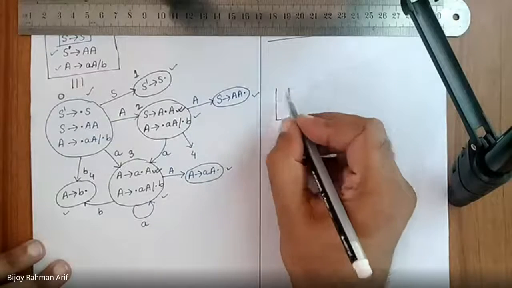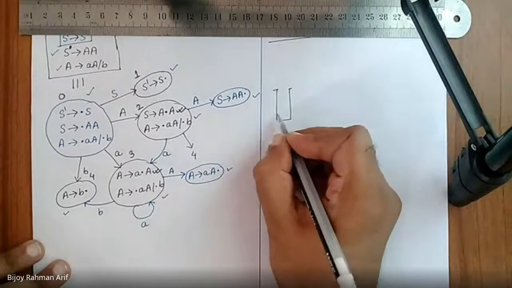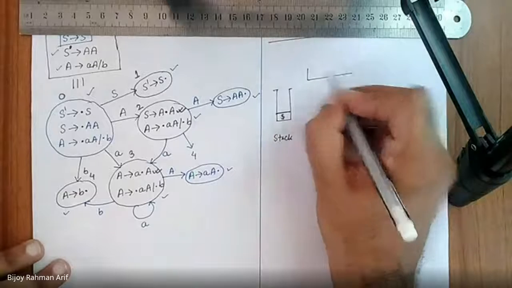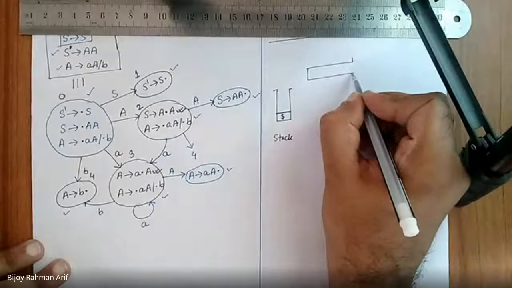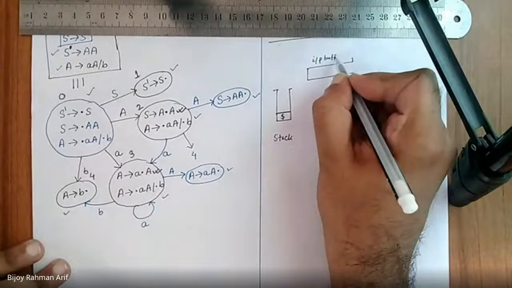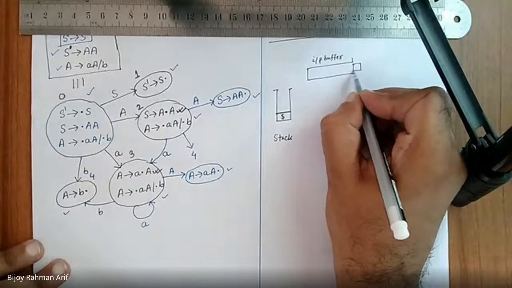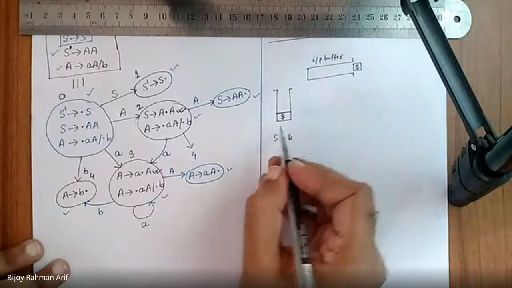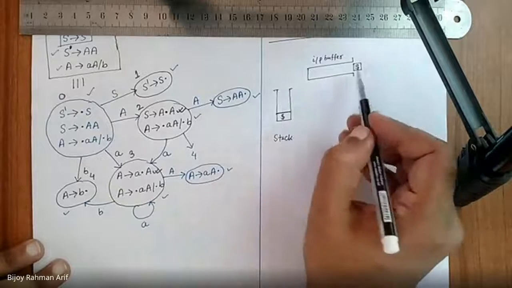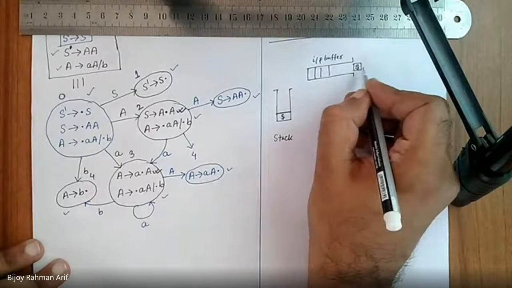I have a stack and I have an input buffer, same like before. Initially the stack is empty and the empty stack is marked by $. The input buffer has a lot of things, and the buffer is ended by $.